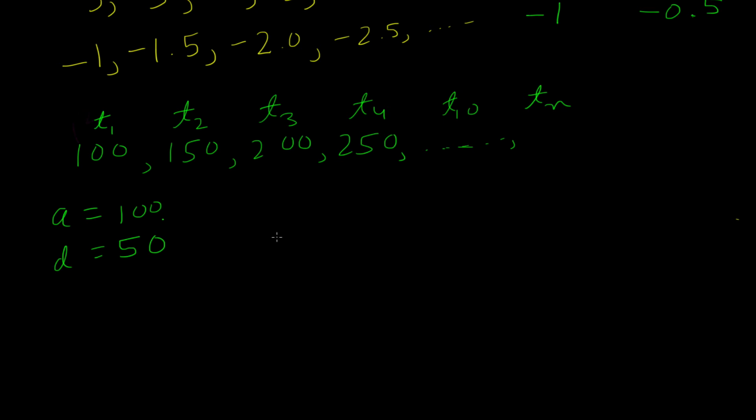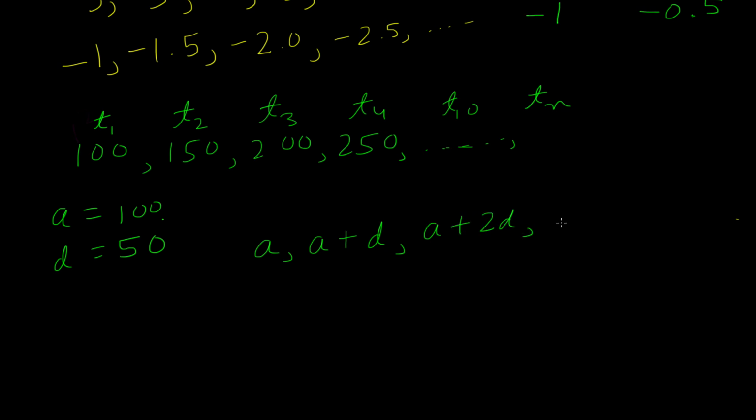So if we notice one thing, let's say we are given the first term a, then what will the second term be? You add the common difference. The second term will be a plus d. Now for the third term, we add d to the second term. So it will be a plus d plus d, or it will be a plus 2d.